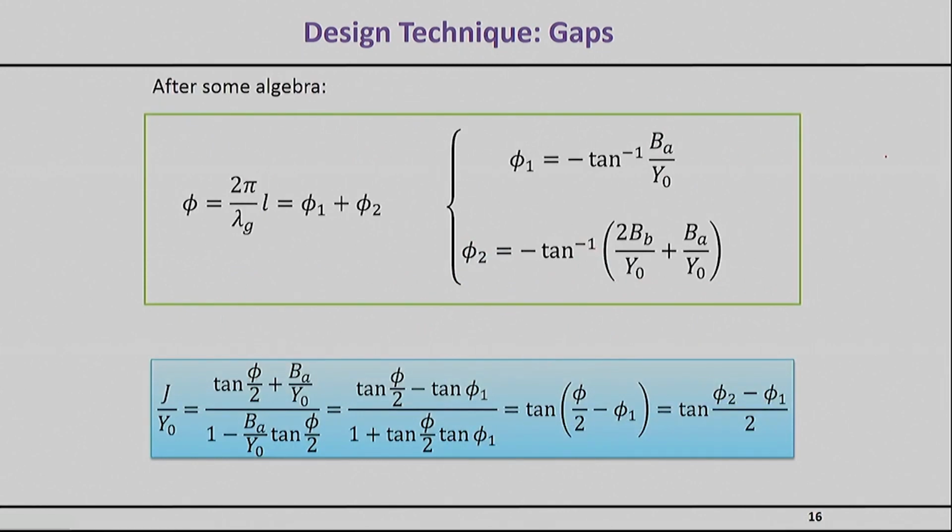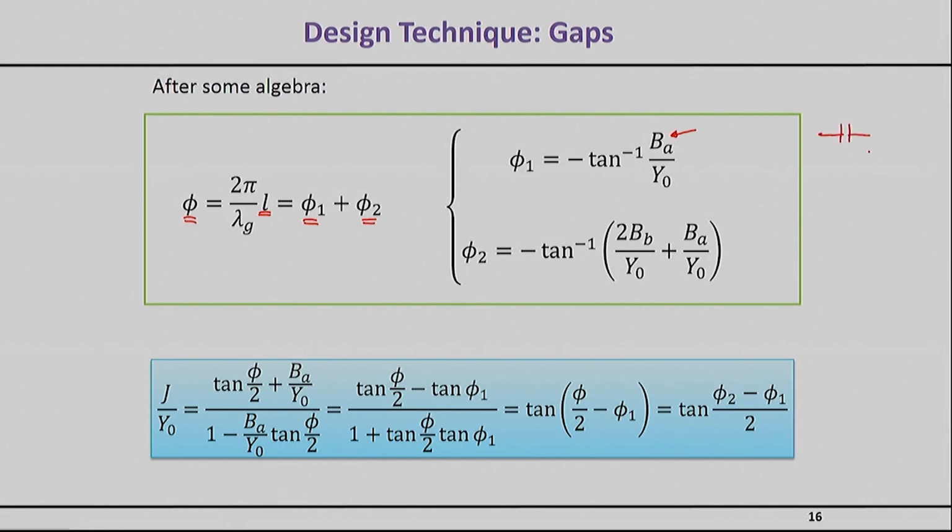So if you do all of this, and I'm sparing you quite a bit of algebra here, you will find out that the needed lengths are linked to the angle phi that I'm writing here. And it's more convenient to express this with regard to phi1 and phi2, where phi1 and phi2 are each related to BA, the susceptance that we looked at earlier for the gap.